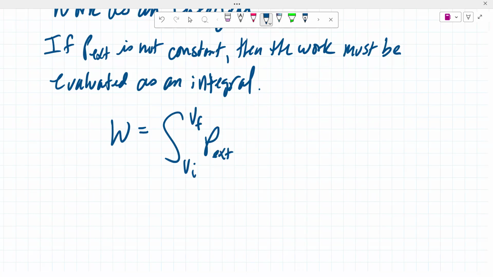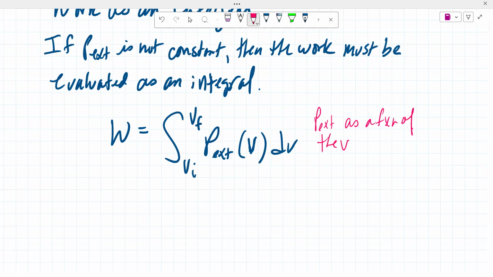And notice that if the pressure were constant, you could still solve it with the integral, but it simplifies to just a rectangle, which is why you can just use the simple formulas that we wrote down. So this, in other words, is the external pressure as a function of the volume. That's what this term right here says.